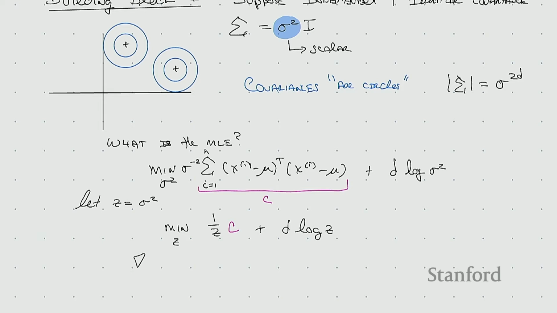So just take the derivative. What do I get? Minus c over z squared plus d over z equals 0. And if I've done my job correctly, this is going to be z equal to c over nd, i.e. sigma squared equals c over nd.